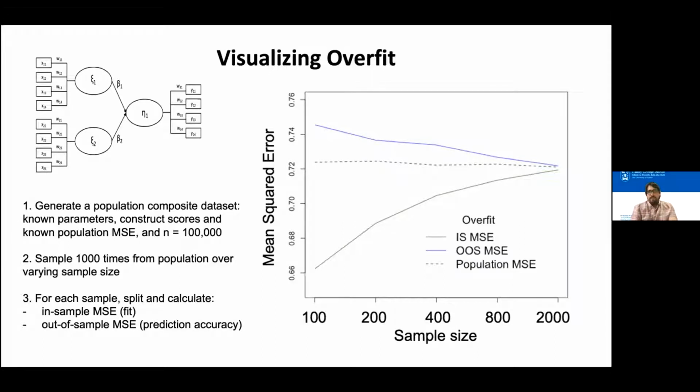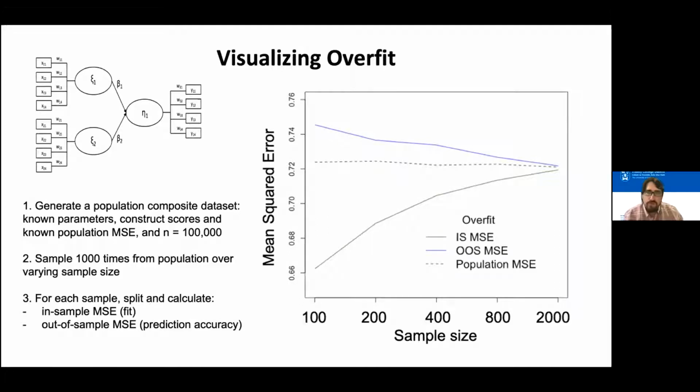And we can see that at smaller sample sizes, even this incredibly simple model is showing dramatic signs of overfit. That is to say, the green line is very low, indicating very good model fit compared to the known mean squared error. And the out-of-sample error is very high, or very bad, compared to the known MSE. And we can see that this trend, while it reduces as sample size increases, continues for rather large sample sizes.